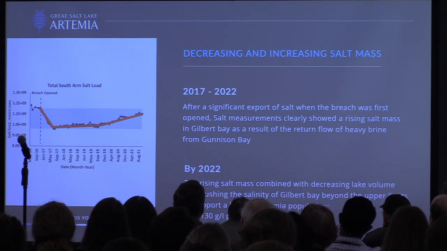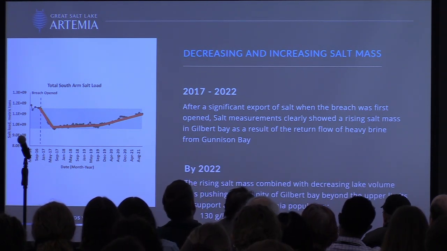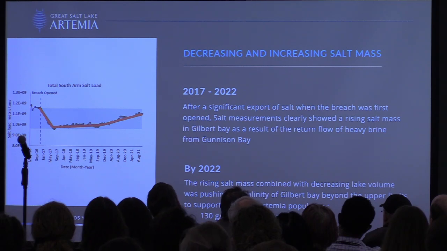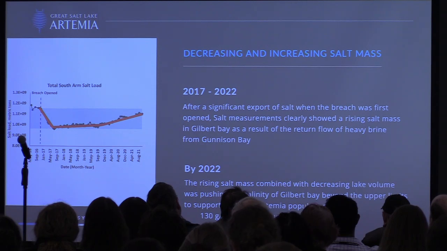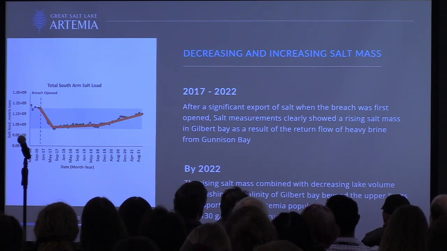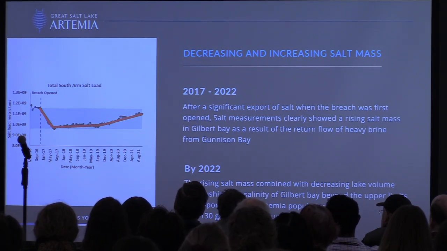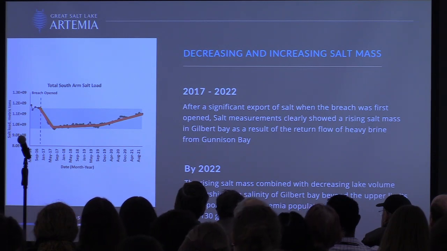Now, as a result of that, if you combine that increase in salt mass in the south arm and a decrease in lake volume, suddenly that is why we were reaching these salinity levels that were really critical and that had this population level effect on both the life cycle of the population, but also the quality of the Artemia cyst.